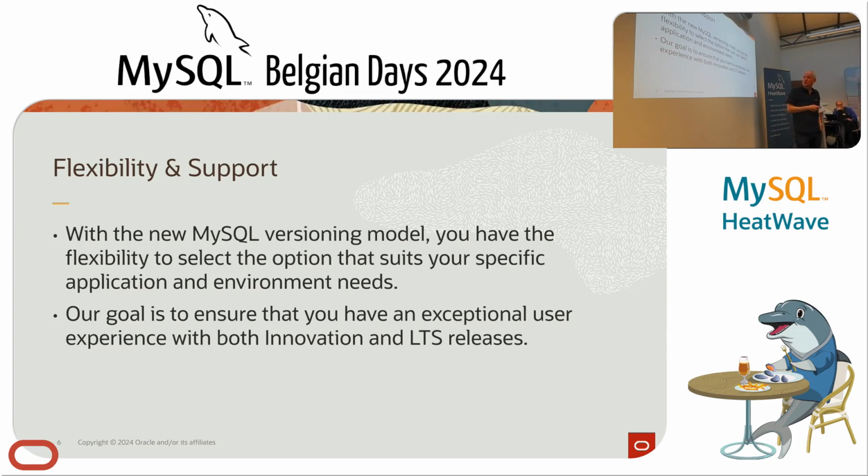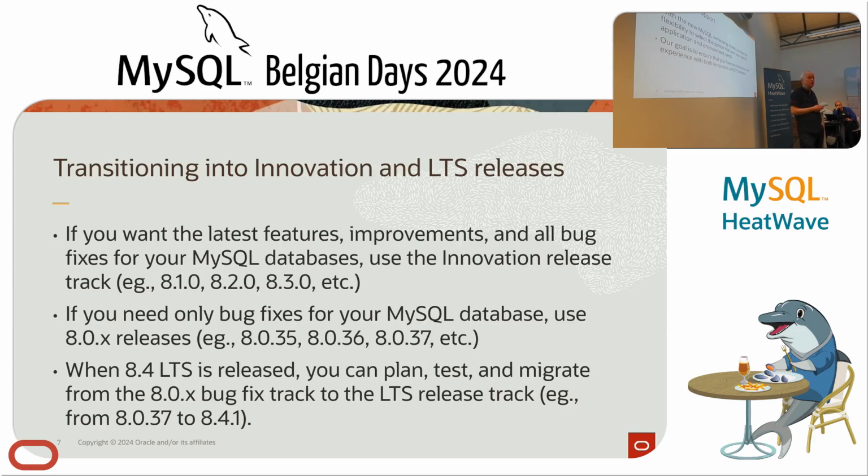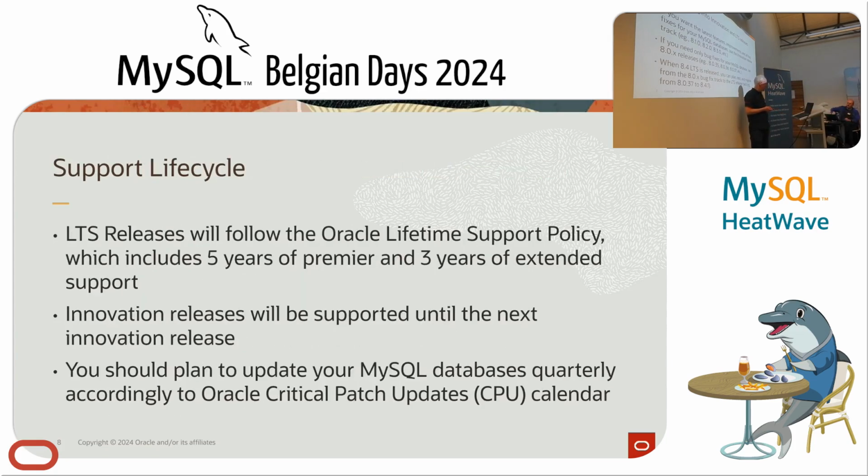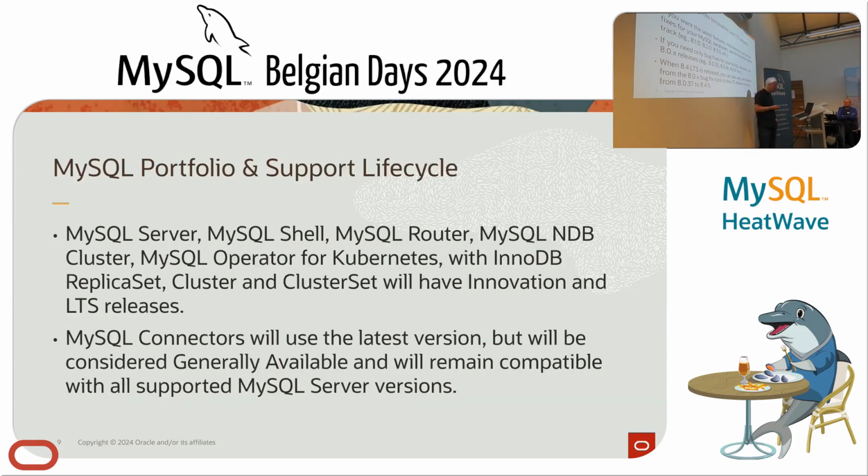But we now also will offer these innovation releases where you can actually be supported on using the latest features. Yeah, this is just explaining, I think, what we already have said.